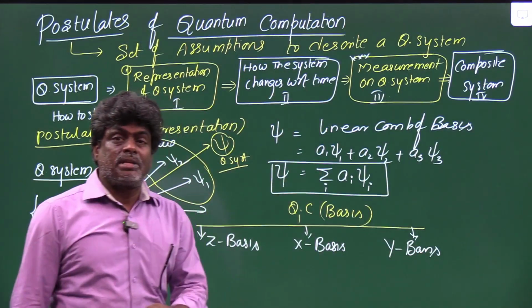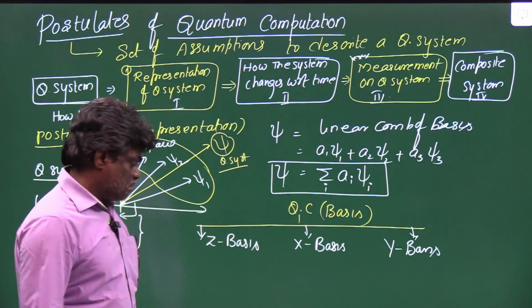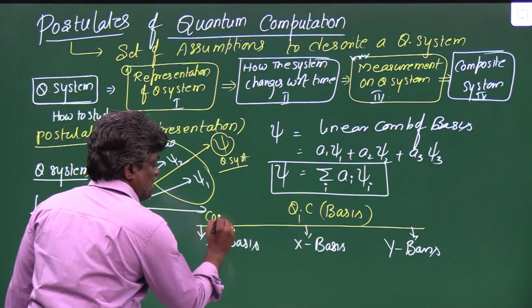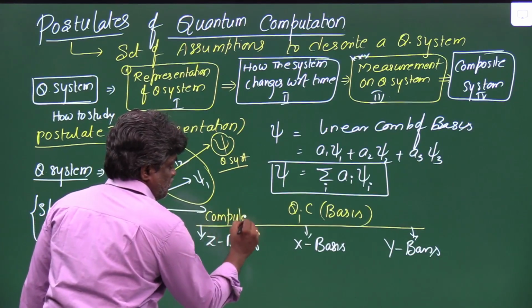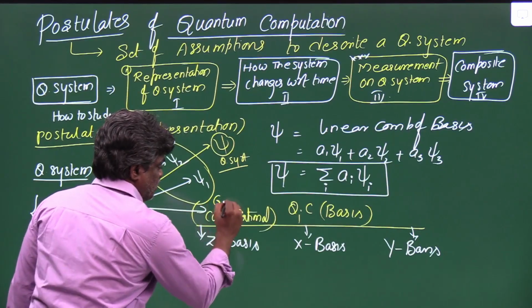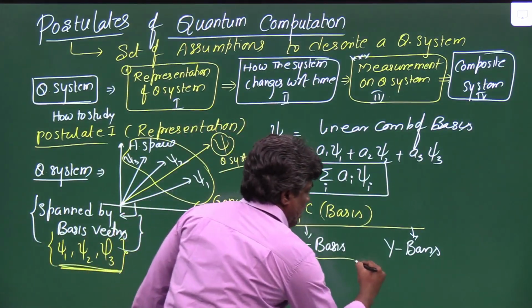We can represent our quantum system by using any of these bases, but people generally consider the Z basis, the computational basis or general basis, and these two are called diagonal bases.